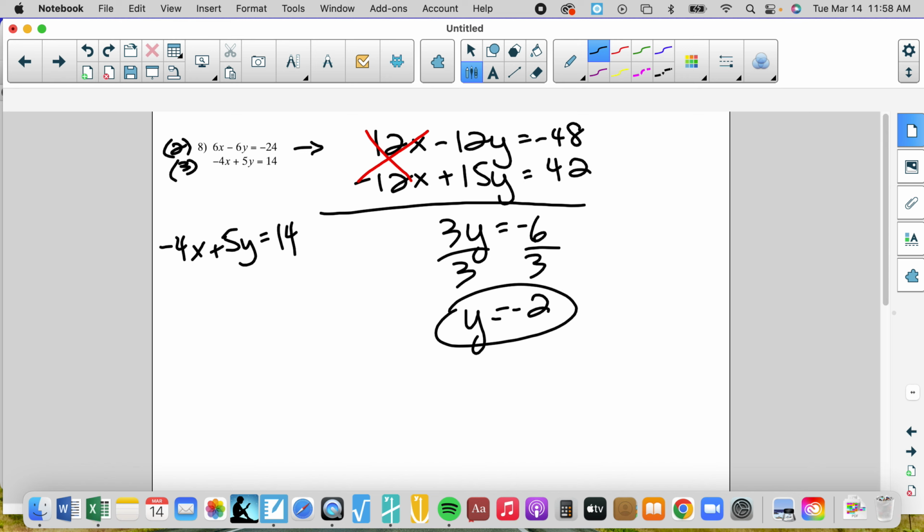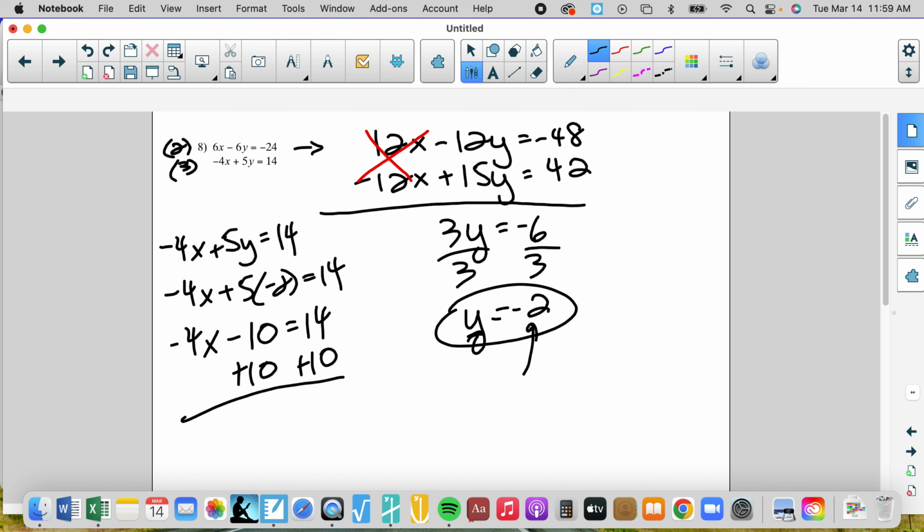Negative 4x plus 5 times negative 2 equals 14. Where did I get the negative 2? From here. It says y equals negative 2. So I'm substituting it in for the y in that equation, which leaves me only with one variable. And we know that when we have one variable, we can isolate and solve for it.